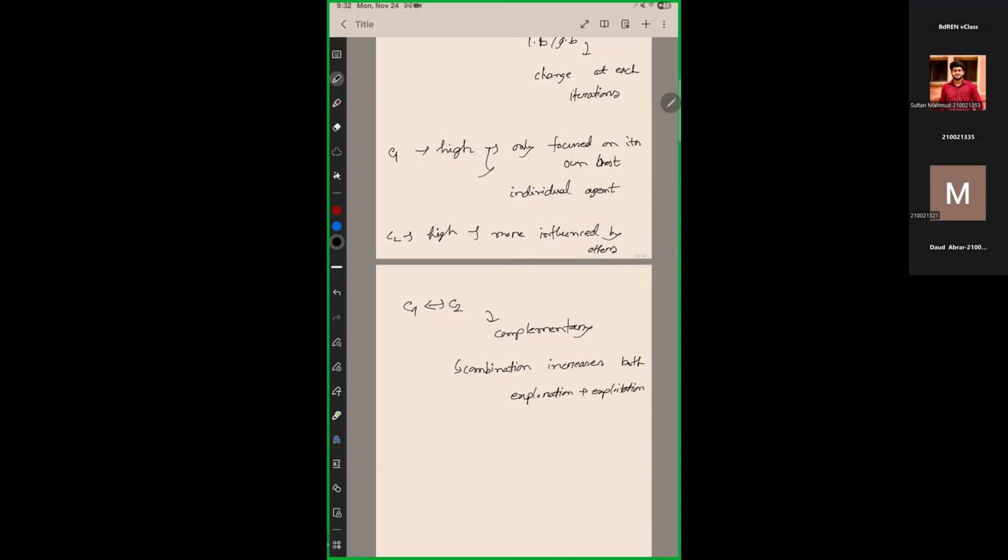What does this mean? I have two constants C1 and C2. If C1 becomes very high, they will become individualistic agents. If C2 becomes very high, they will be more influenced by others. So then how should their constant values be? Let me explain how their constant values should be.